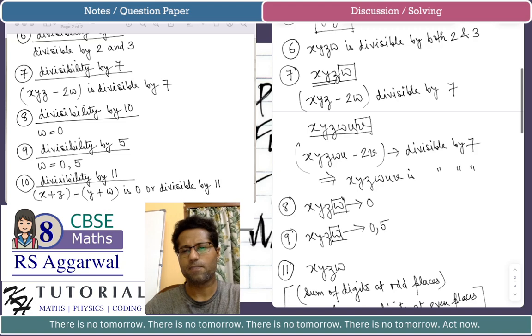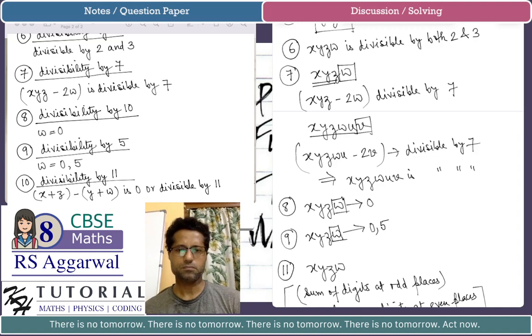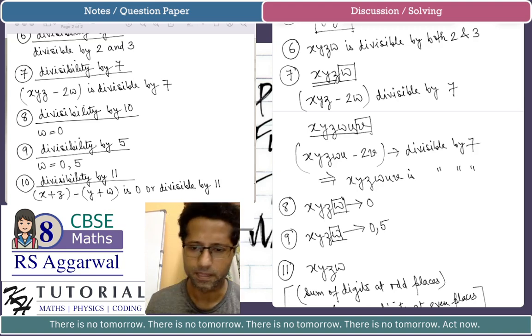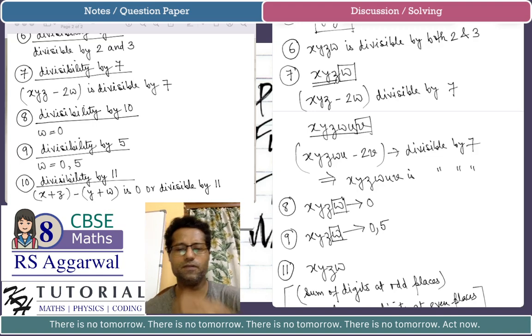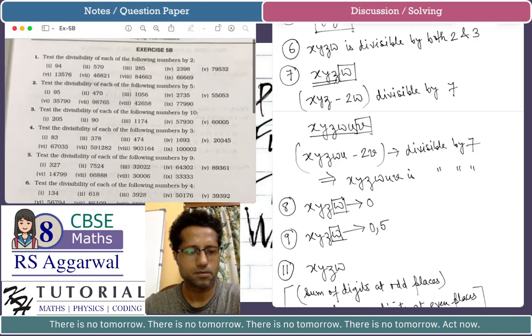And 7 also, with practice of problems, will not be any issue. So there is really nothing much to talk about the tests of divisibility. You just need to know the rules that apply for the test of divisibility of the different numbers, that is 2 to 11. Now let's solve the problems of exercise 5b.